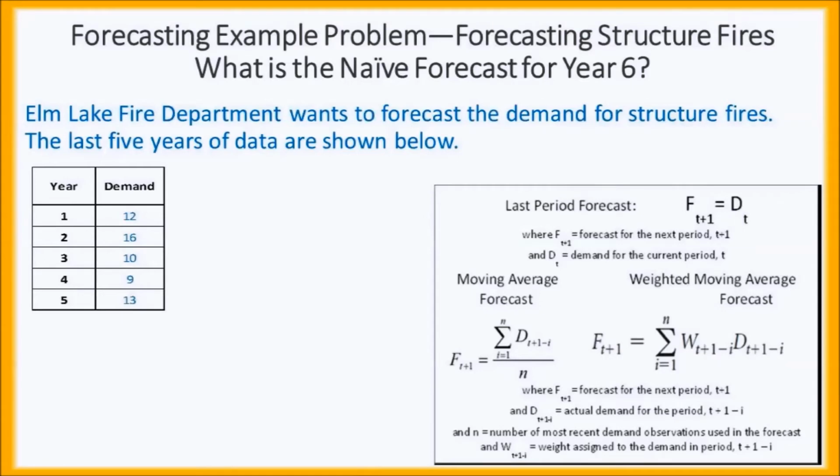And of course, the problem here is asking, what is the naive forecast for year 6? So you're supposed to use the naive method of forecasting. I would like for you to pause the video here, and work this problem on your own and find the naive forecast for year 6 given the demands that we're showing here in this slide.